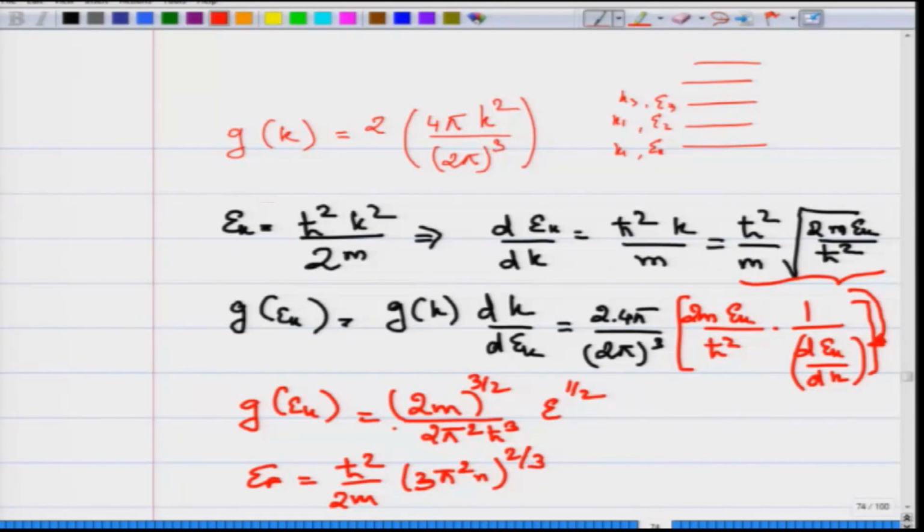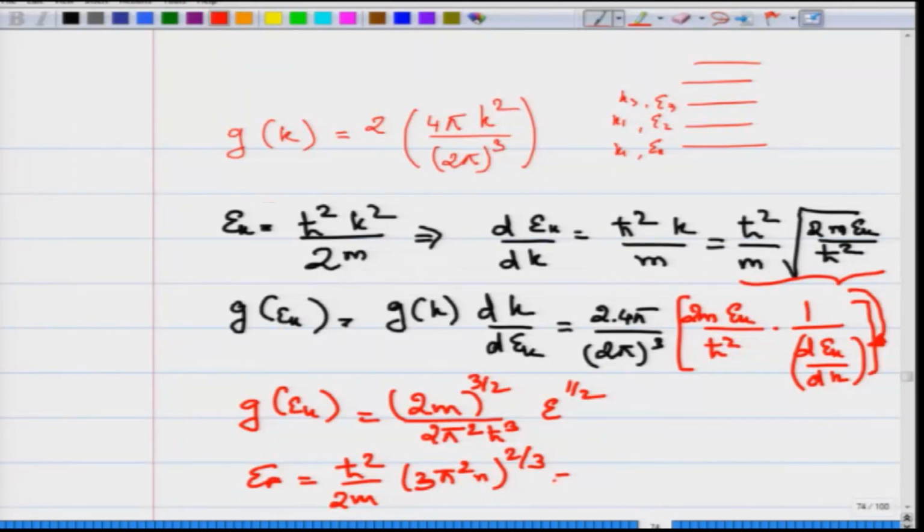So, now you can write all of these constants in terms of E_F. So, if you put this in terms of E_F, then you can get these expressions, 2m raised to 3 by 2 over h cross cube.